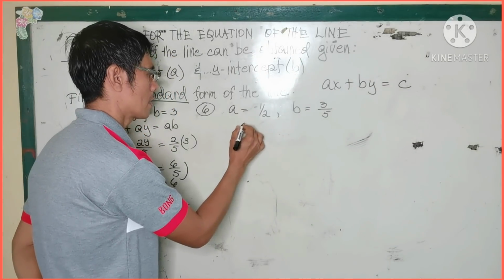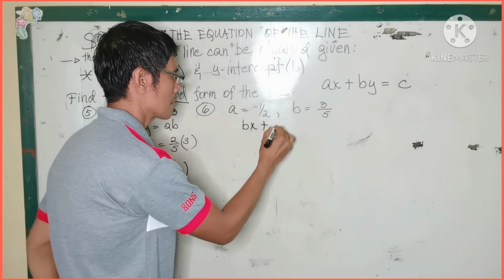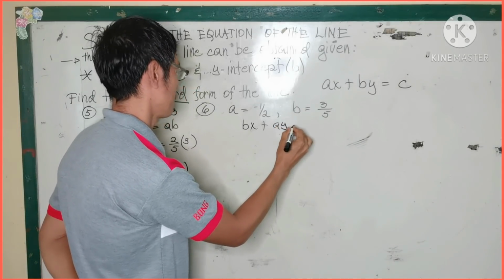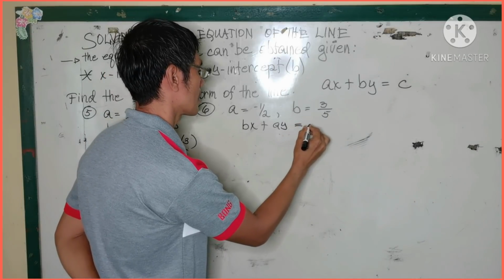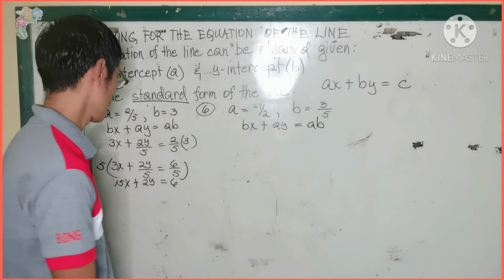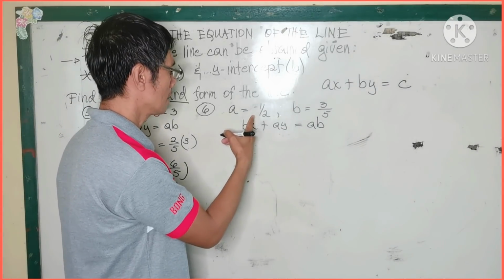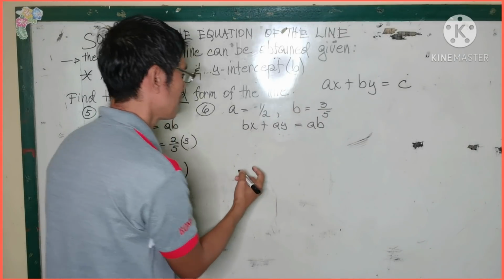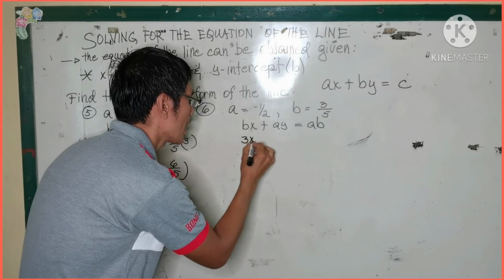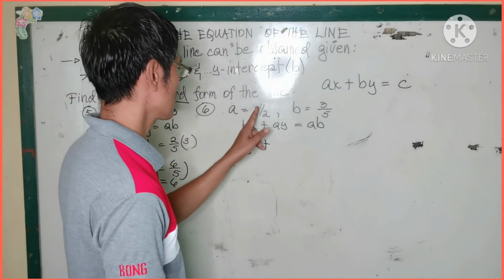So again, we are going to consider the form bx plus ay equals ab. Substituting, we have our b is 3 over 5. So we have 3x over 5 plus our a is negative 1/2.